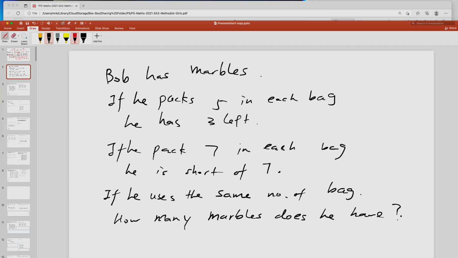Yep, try it out on a blank page. We practiced this question just now, by the way. Yeah? Yes. So how do you do this question?